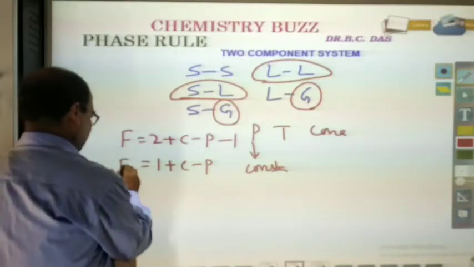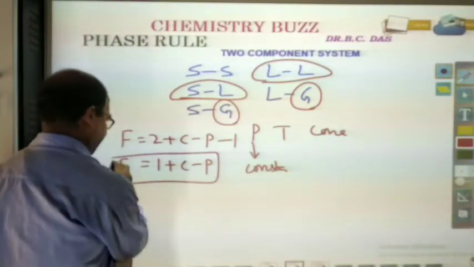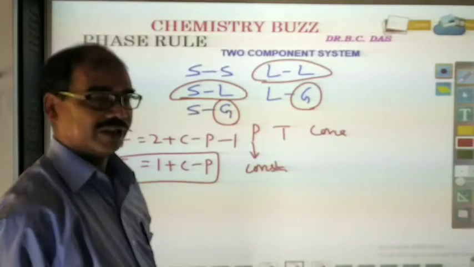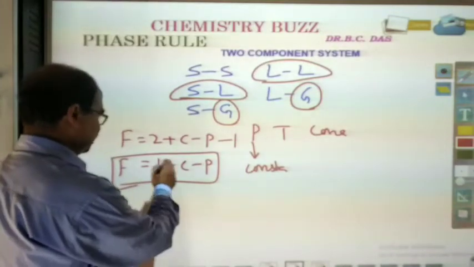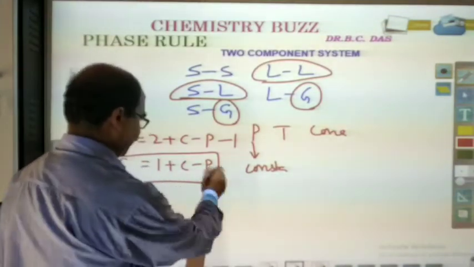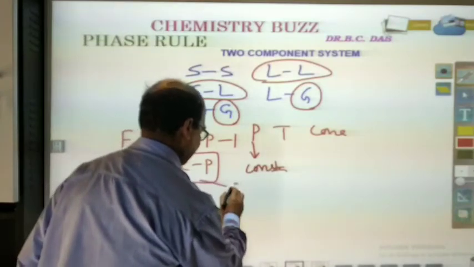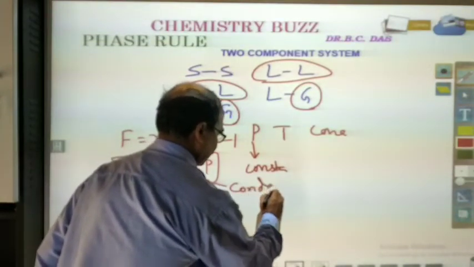So F is equal to 1 plus C minus P when pressure remains constant, and this is called the condensed Gibbs phase rule.